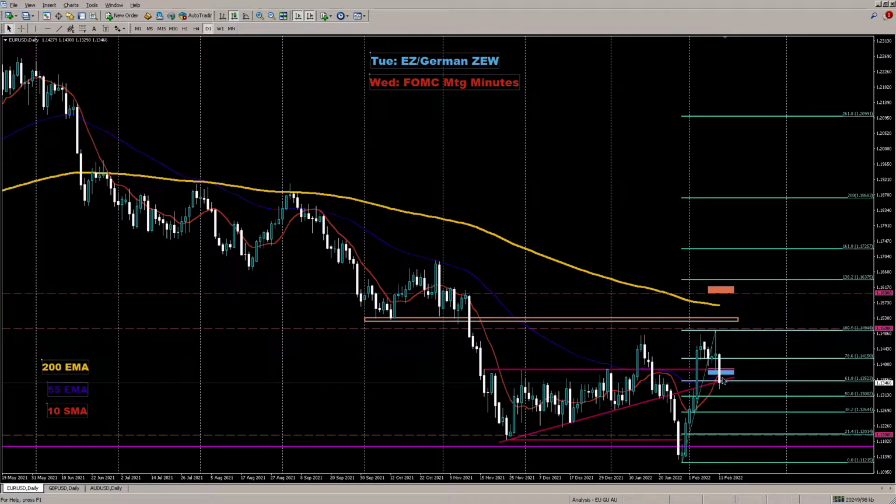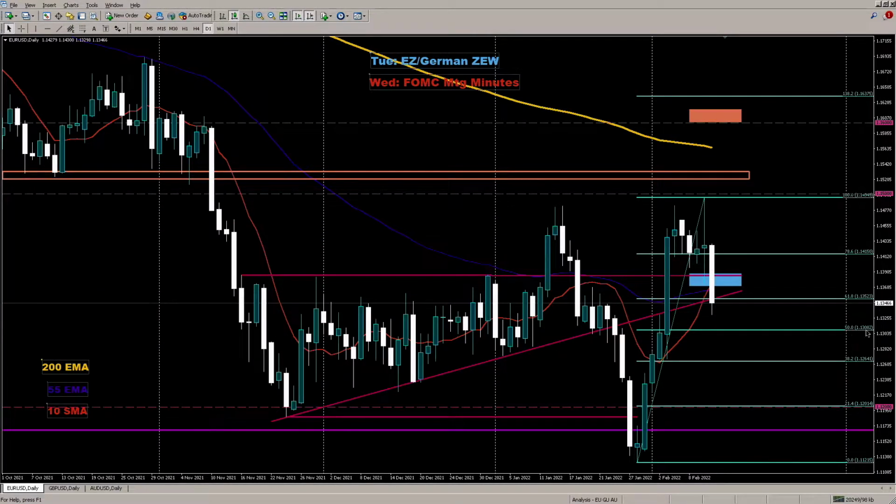So this coming week, we'll see if it's going to dip lower and retrace back down to the 50 fib retracement area, or this will be the 62 fib retracement, whether it's going to find support there and consolidate.